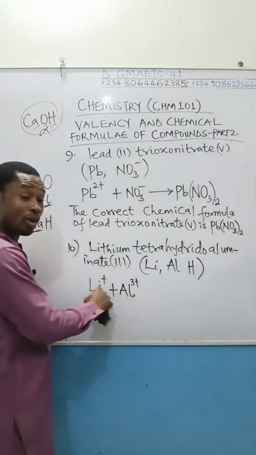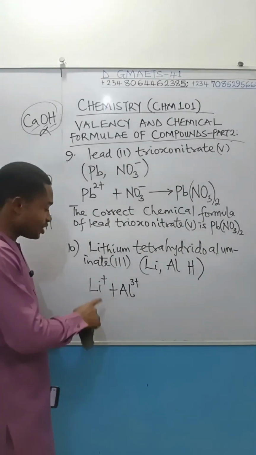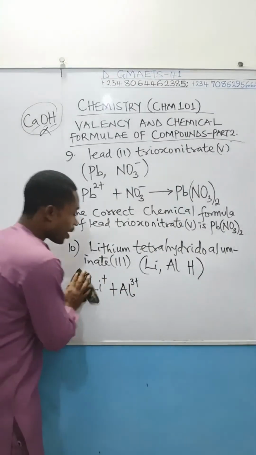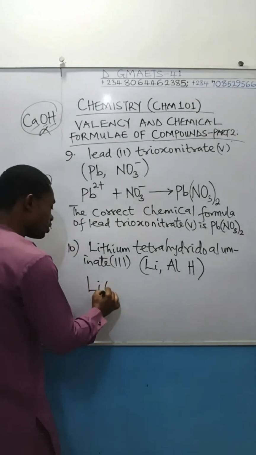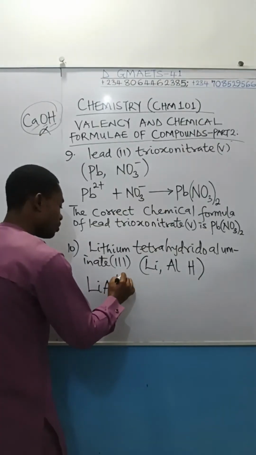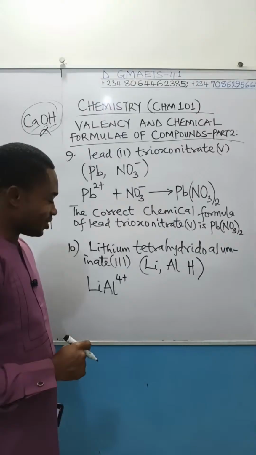I want to combine them now. Lithium and aluminum together, since they are positive, will combine to give you a valency of 4. So we have something like LiAl and then +4. Are you following, right? Good.